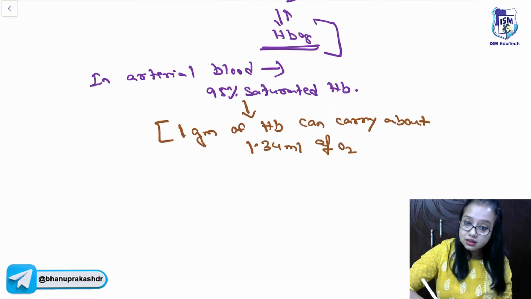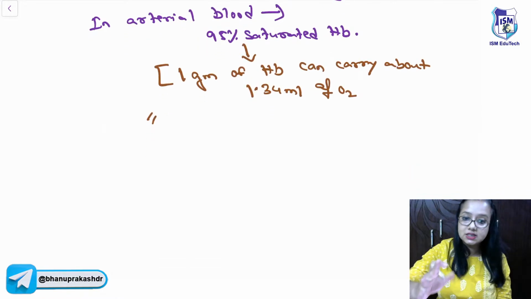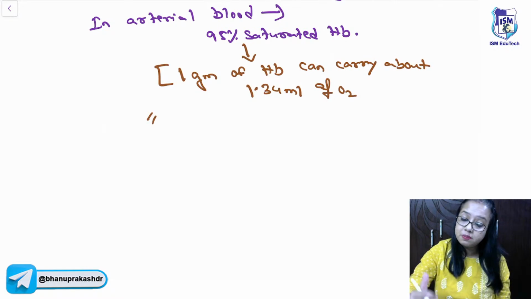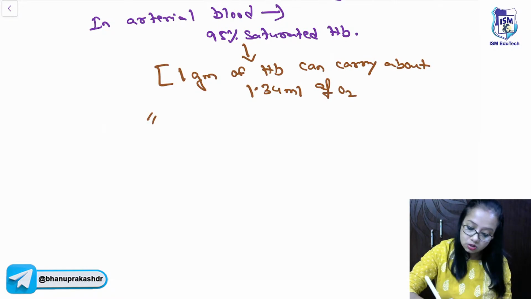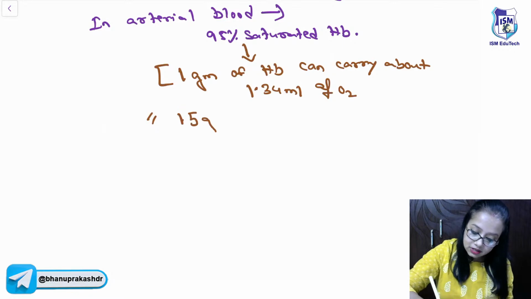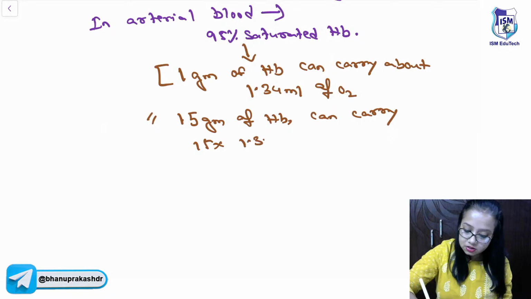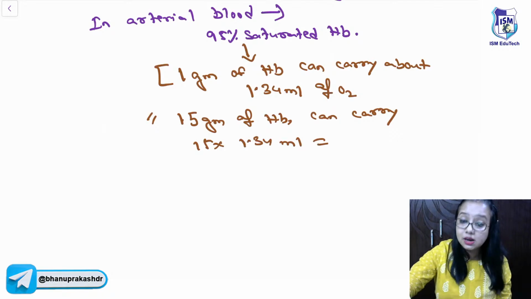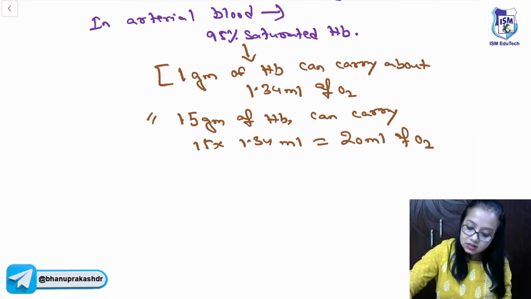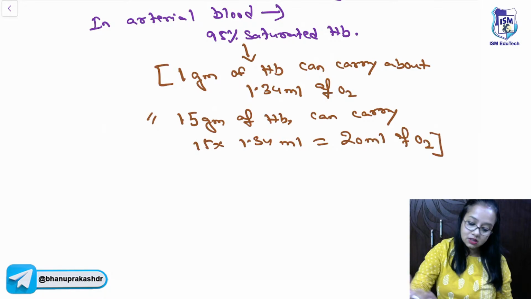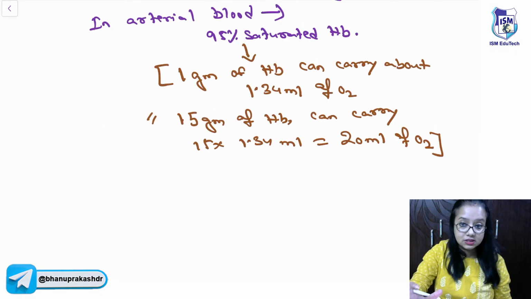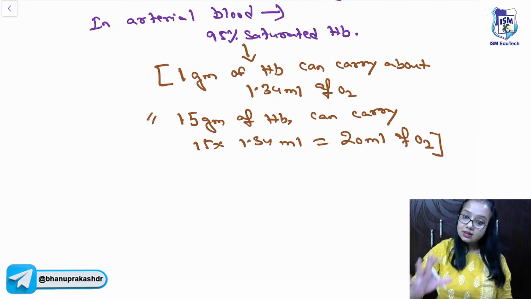Assuming that a person has 15 grams per deciliter of hemoglobin, which is the international standard, that person can carry 15 times 1.34 ml, which is about 20 ml of oxygen. This is how much oxygen can be carried in fully saturated condition.